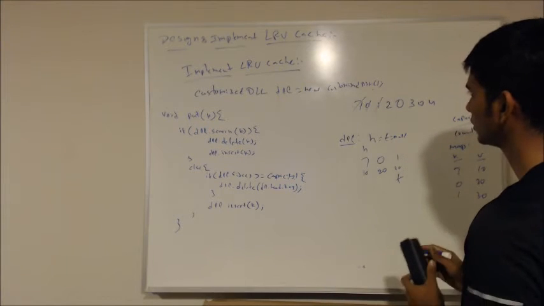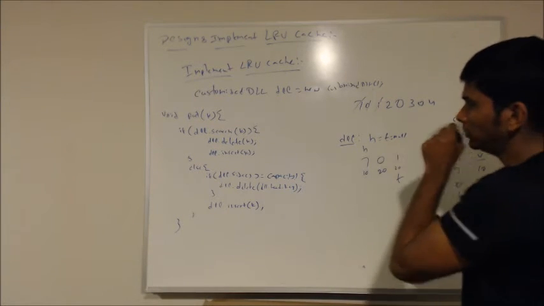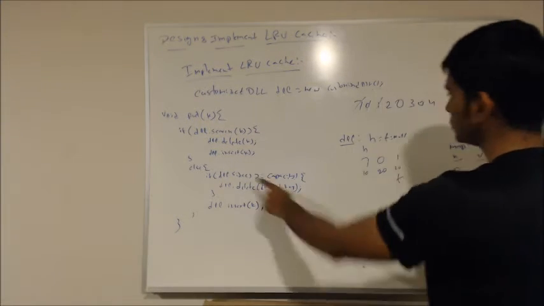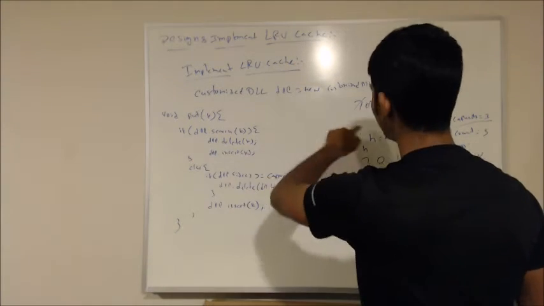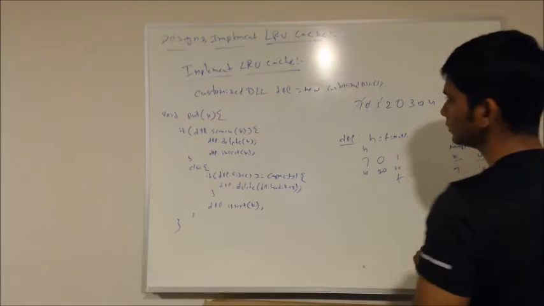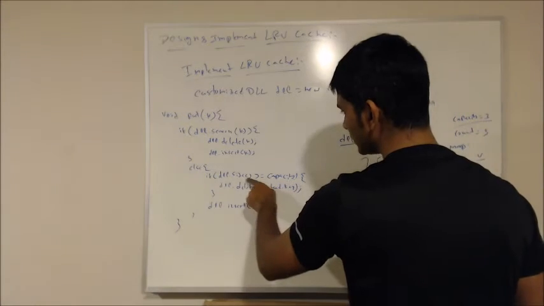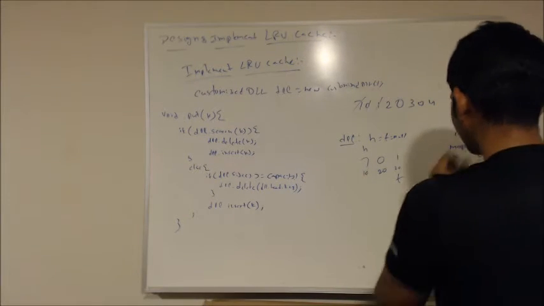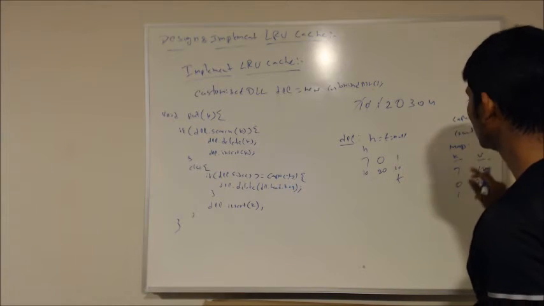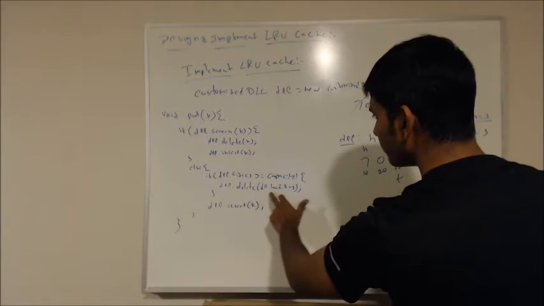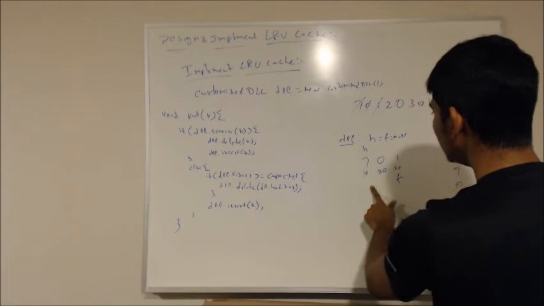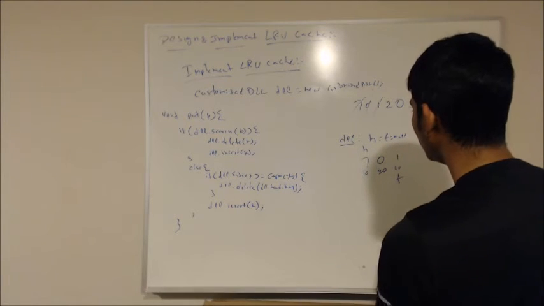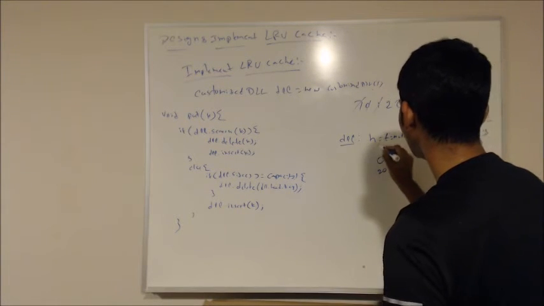So now it's done. Now let's call put with 2. Again we search for the element 2. Do we have 2 here? No. Then has our size reached the maximum capacity? Yes. So then we delete the head key, and our head is updated to here.